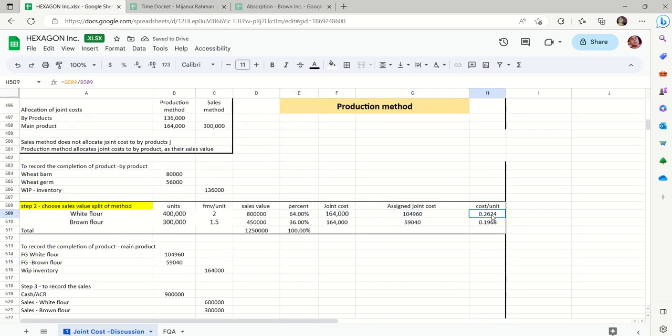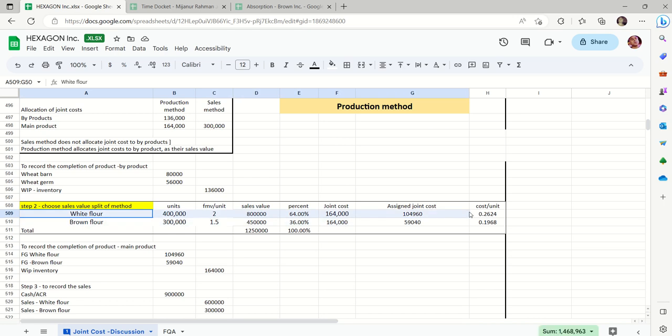Right? We can also get the unit cost. How do you do that? We know the white flour now has a final joint cost assigned to it, $104,960.